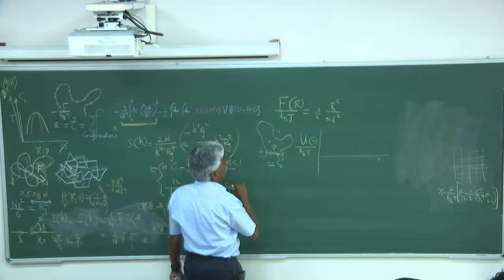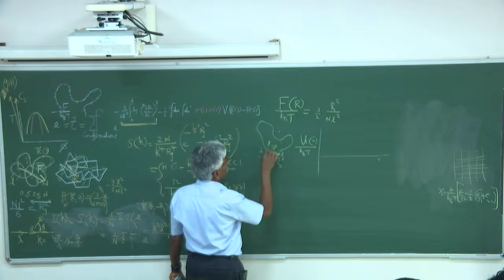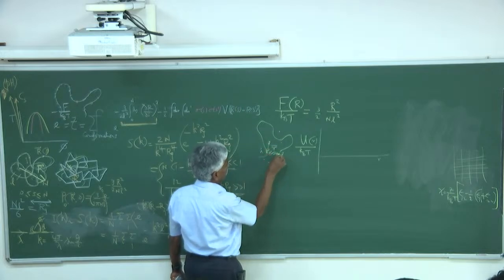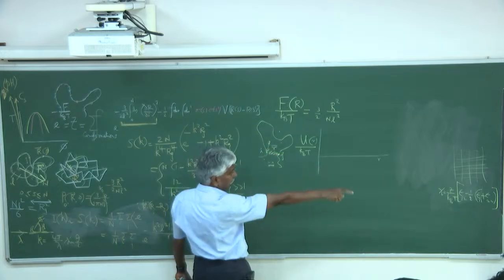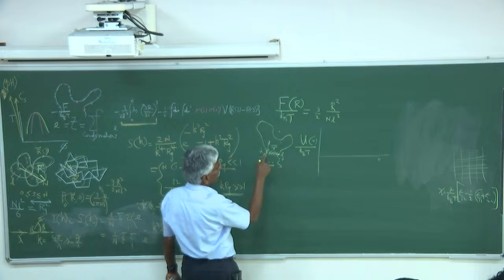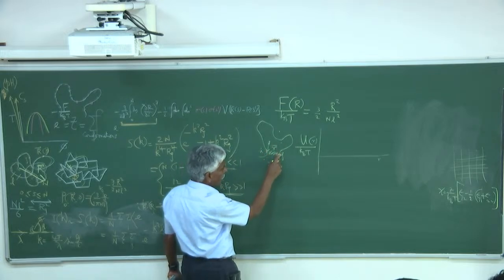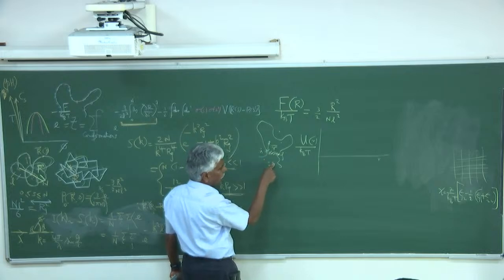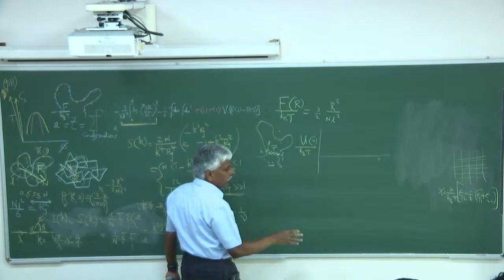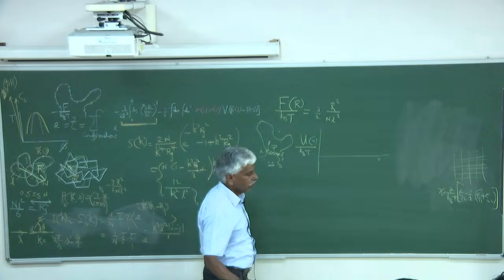But nevertheless, generically speaking, it is going to look like this. At short distances, it will be repulsive. At large distances, it will be nothing, and in the middle, there will be attractive, van der Waals, what have you. I have not put any charges here, just simply neutral cases.